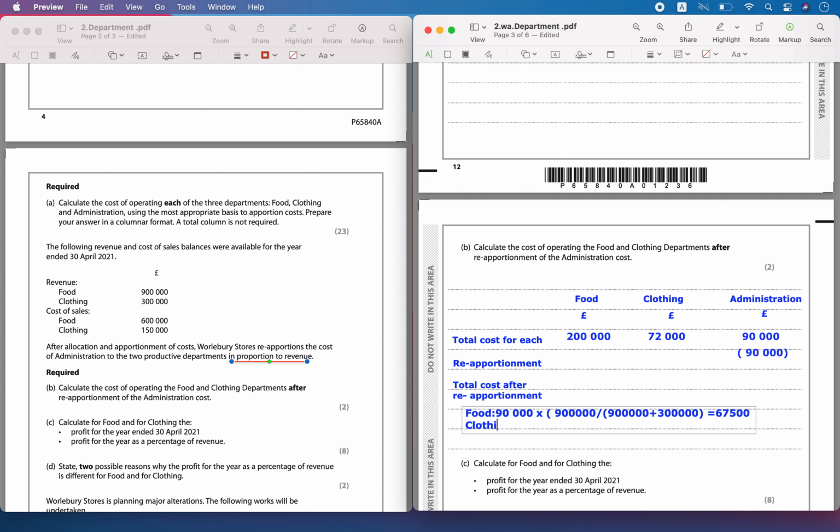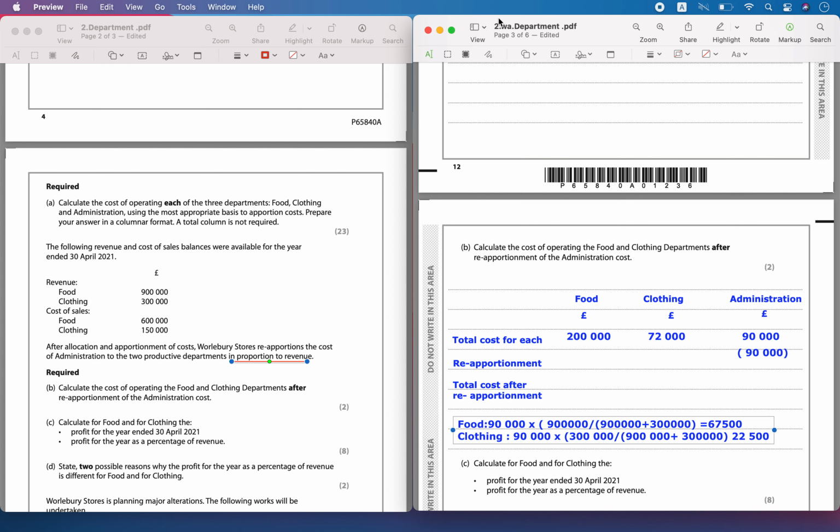For the clothing it is 90,000, the total cost I have to apportion, times the revenue for the clothing, 300,000, out of the total revenue, 900,000 plus 300,000. That value is equal to 22,500.